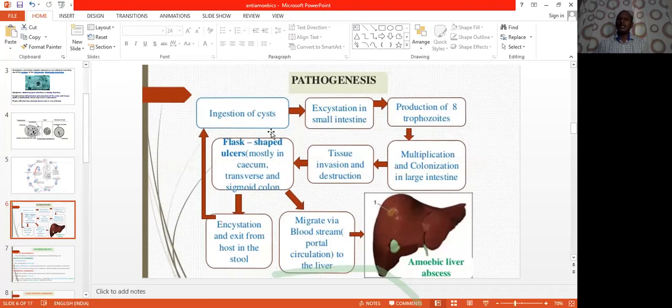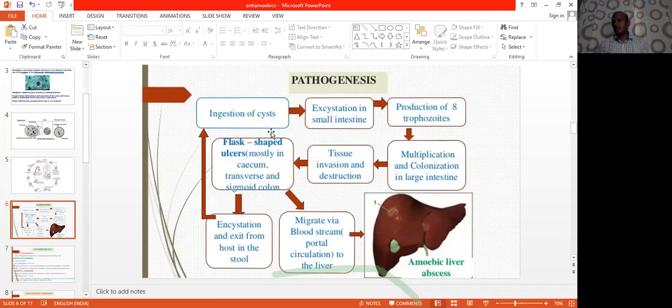Amoebiasis generally we consider to be dysentery, with watery stools or bloody stools. Watery stools we consider amoebic dysentery, but amoebiasis can also occur in the liver, and then we call it a liver abscess.